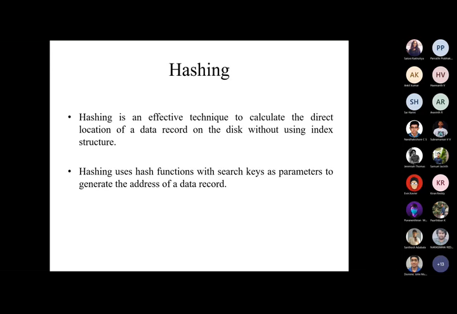Hashing uses a hash function with search keys as parameters to generate the address of a data record, right? So hashing can be used to generate the address of a record where it can be stored for retrieval.